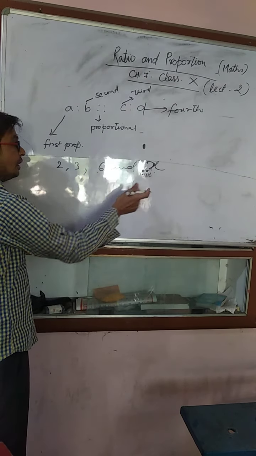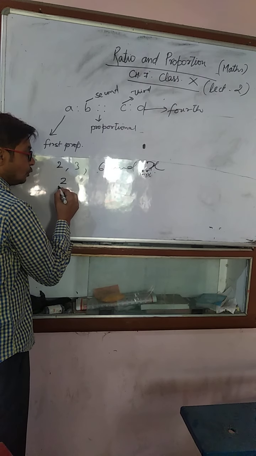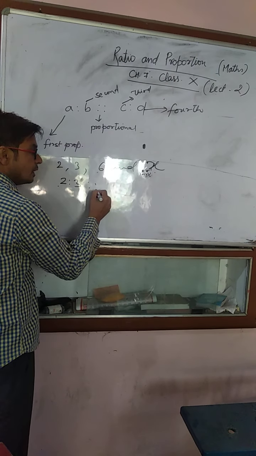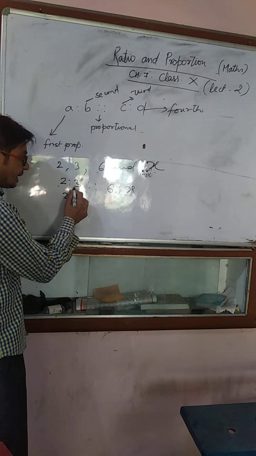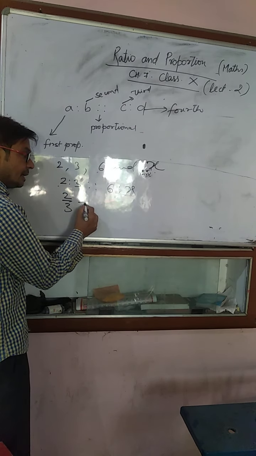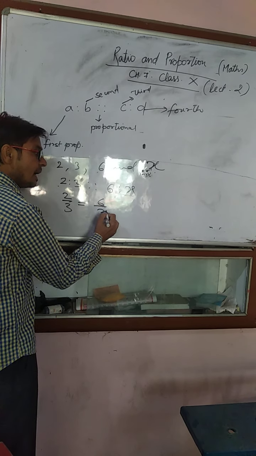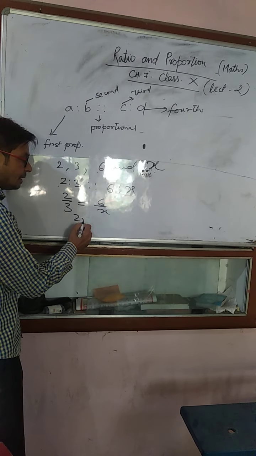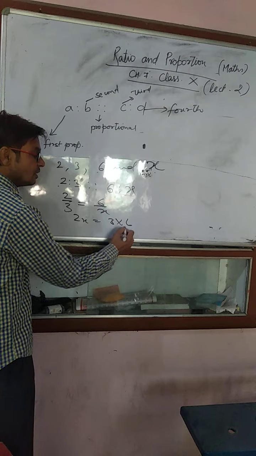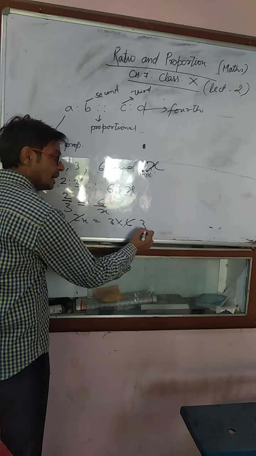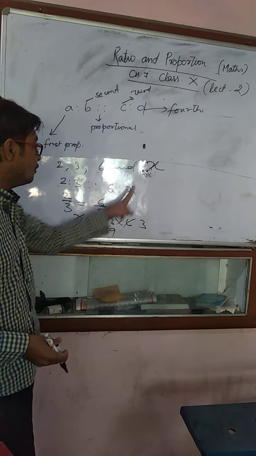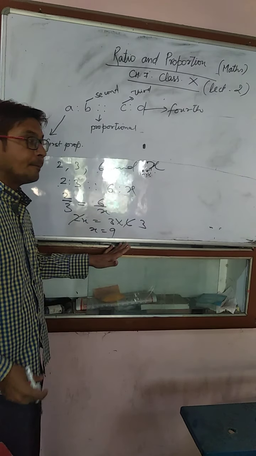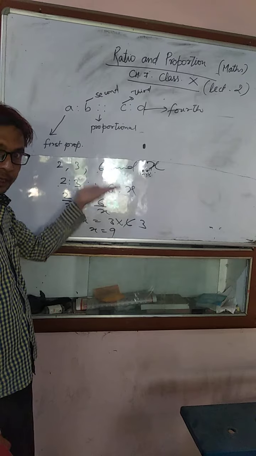So we can write 2 is to 3 proportional to 6 is to x. Now this can be written as 2 by 3 is equal to 6 by x. Here 2x is equal to 3 into 6, so x is equal to 9. The value of the fourth proportional is 9. You can calculate like this.